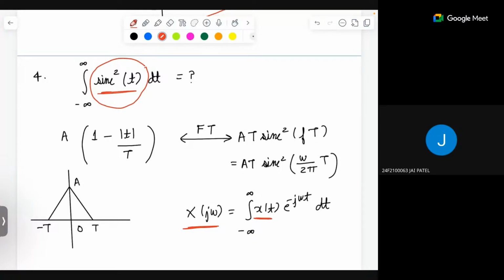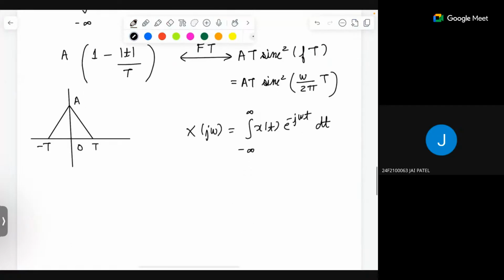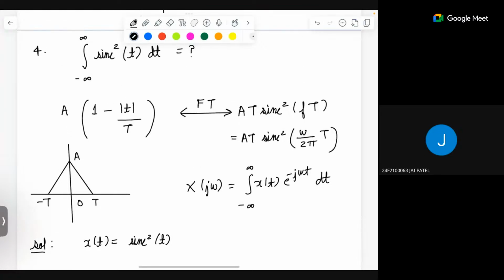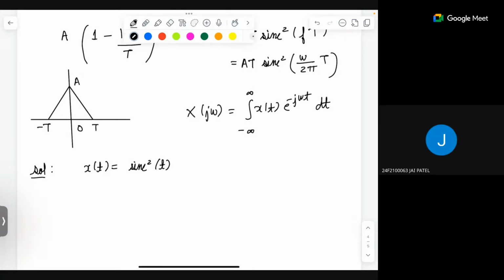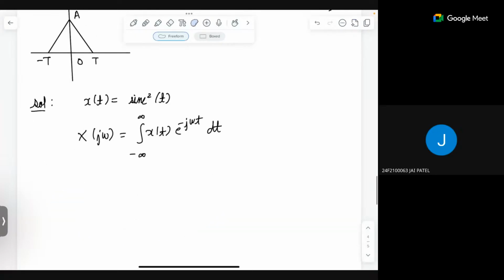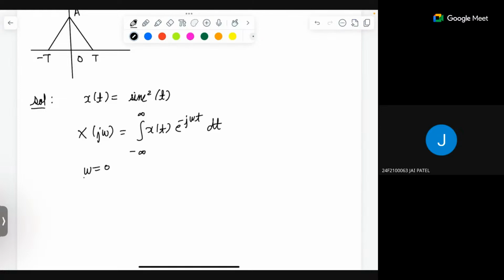Is this clear? Or maybe, okay, let me solve this question. So here my x(t) is equal to sinc square t. This is from the question. Is this clear? Yes, ma'am. Now we have x(t). This is the Fourier transform equation that we have. Now I will put omega equal to 0 here.